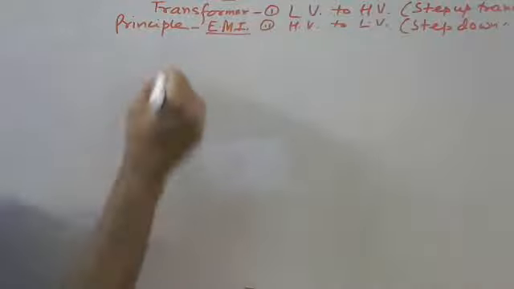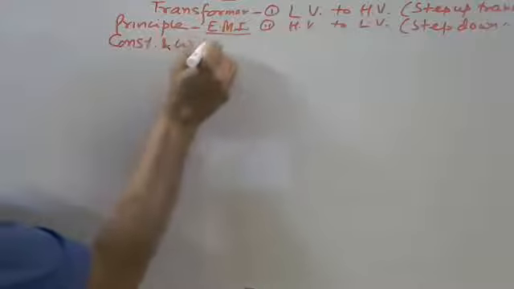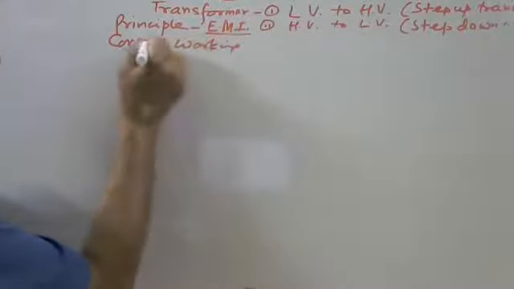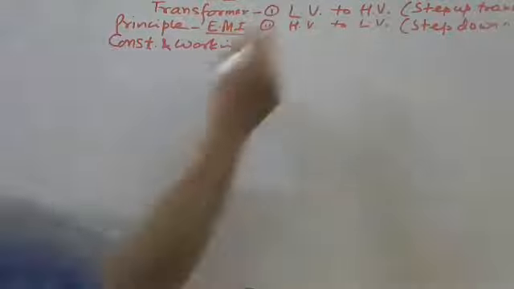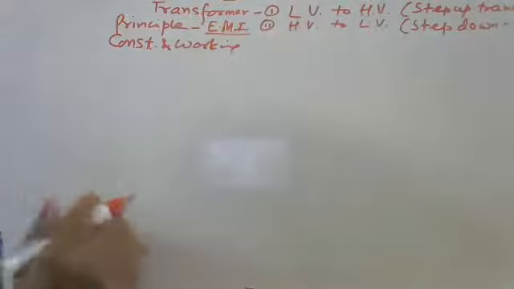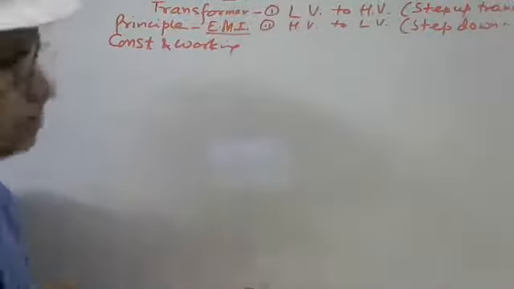What is the construction of this transformer and the working? So, construction and working of this transformer. Let us say the first case, step up transformer. There are two windings or coils like this.